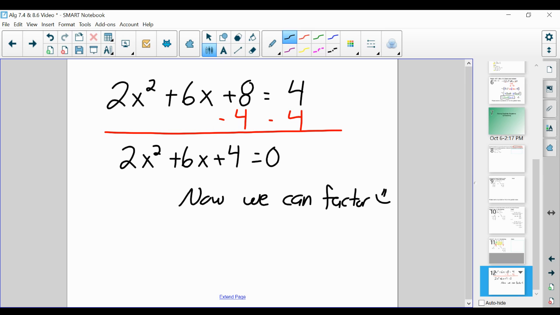We can't factor if it's not equal to 0. So it has to be equal to 0 in order for us to factor, because we want to eventually use that zero product property. And in order to use the zero product property, we have to be equal to 0. So there are going to be some times where you have to set it equal to 0.